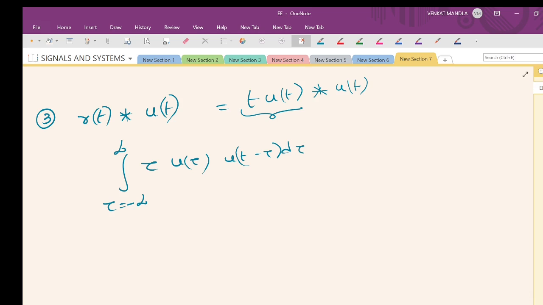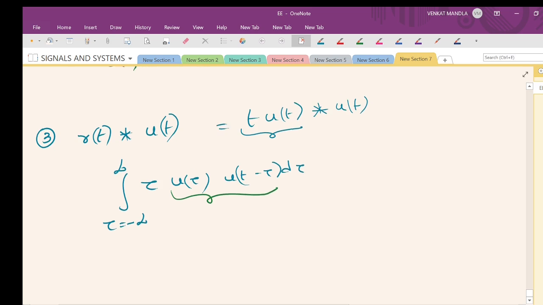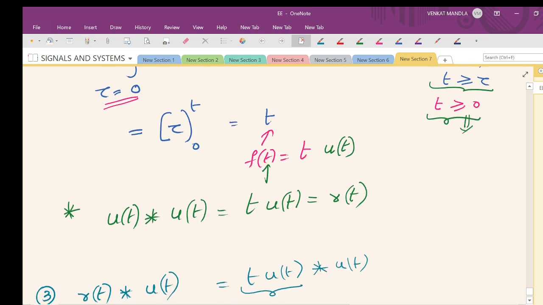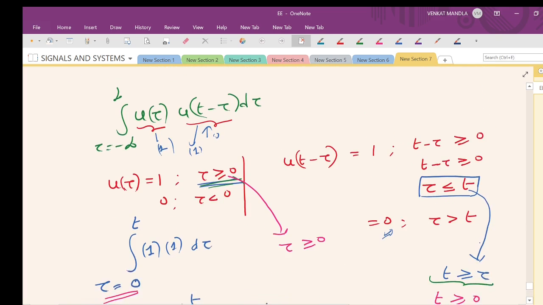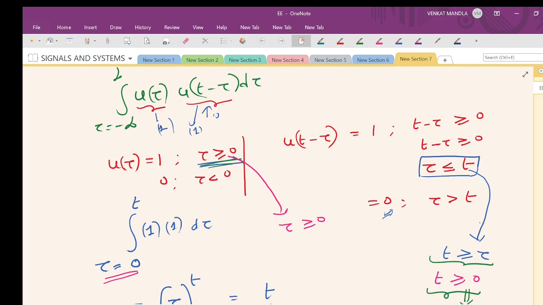Okay. Whenever you find this kind of u of tau into u of t minus tau, the limits are 0 to t. That's it. Here I already derived this. This one, u of t into u of t minus tau d tau. Then the limits became tau equal to 0 to t, right?